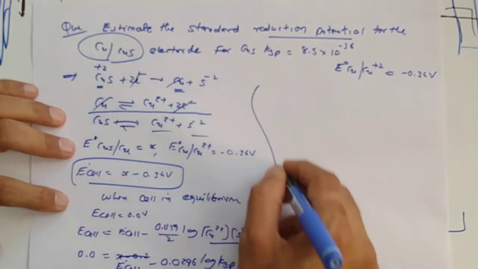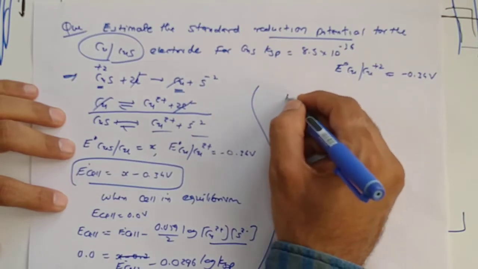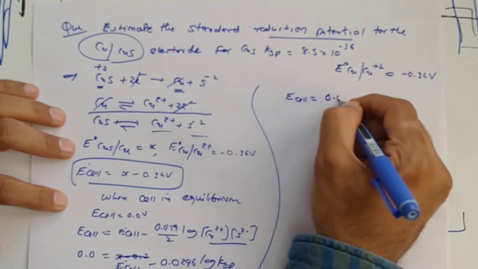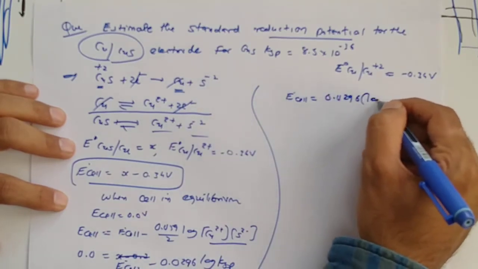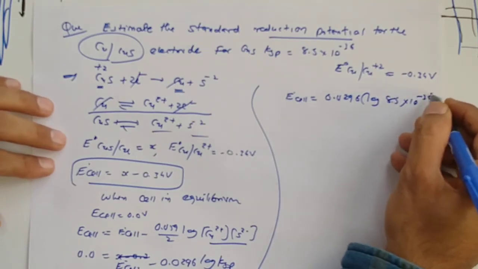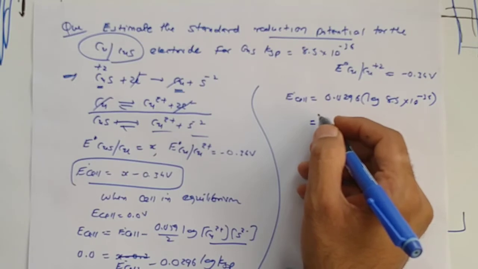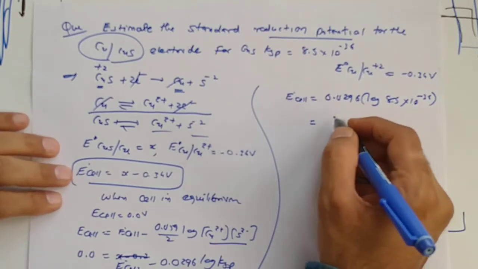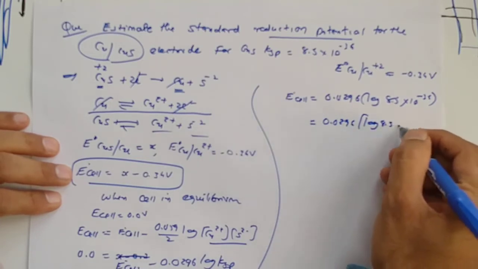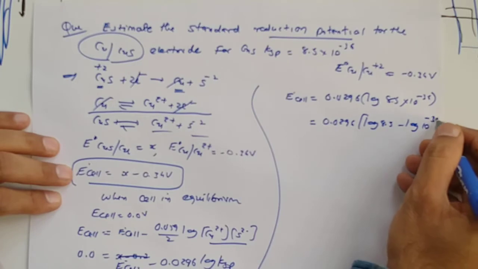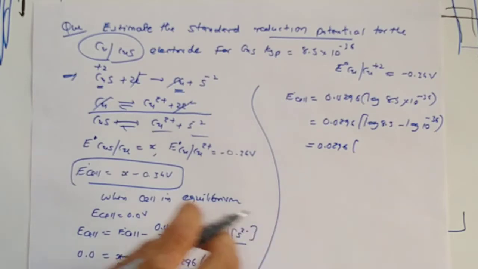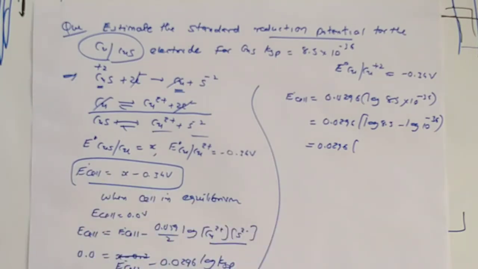So the value of Ksp is given. So E degree cell equals 0.0296 log 8.5 into 10 raised to minus 36, so 0.0296 times log 8.5 minus 36. Yes, the value of log 8.5.